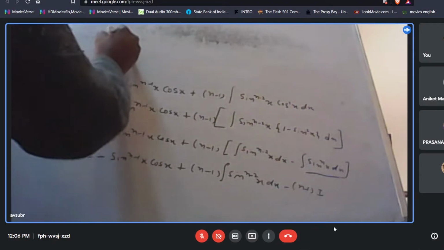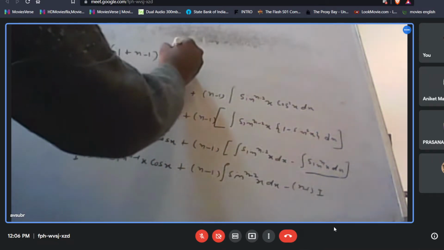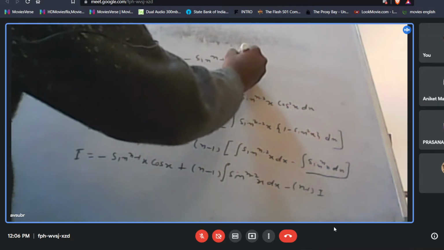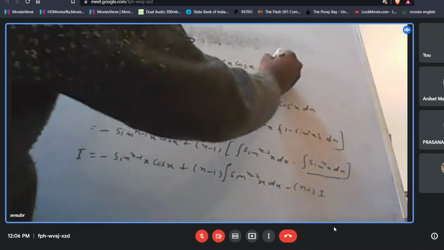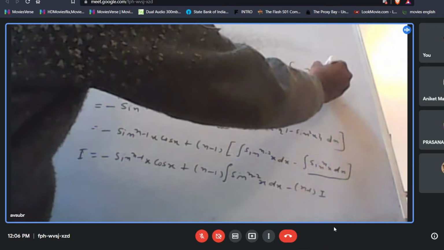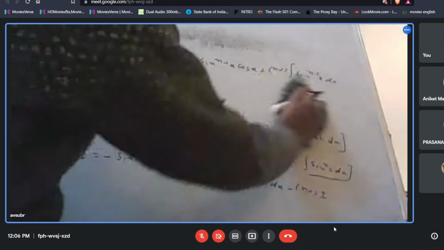So this will be I times 1 plus n minus 1 equal to minus sine to the power n minus 1 x cos x plus n minus 1 integral of sine to the power n minus 2 x dx.